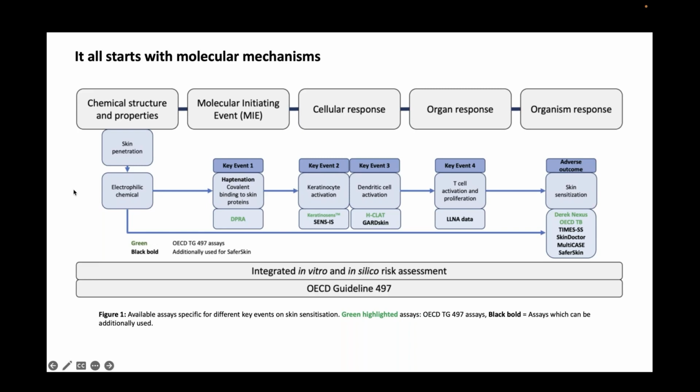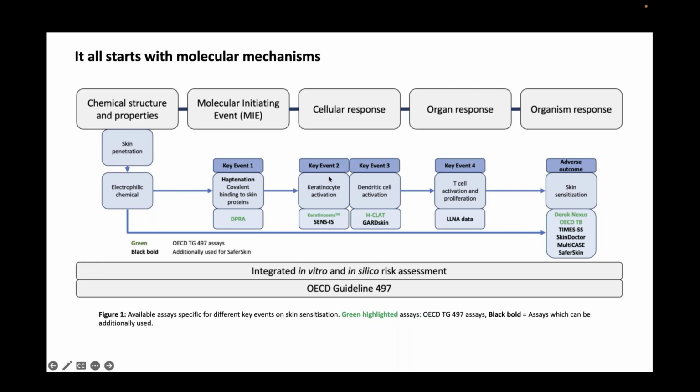For this key event, there exists an assay. It's the direct peptide reactivity assay, which you can use to measure if this binding happens. So it's not only the key event, but there is also an assay which you can use to measure this event. Afterwards, there will be an activation of keratinocytes.